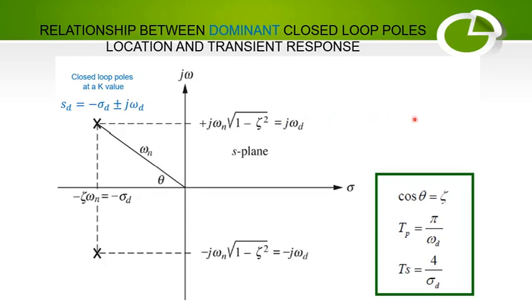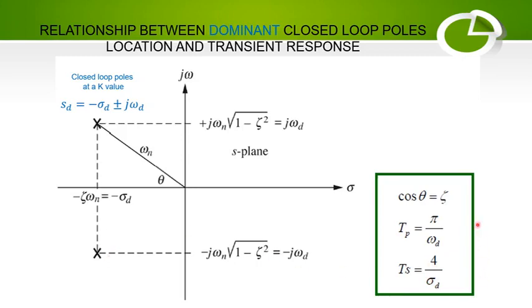In chapter 1, we derived that the peak time of the transient response is equal to pi over omega d, which is the imaginary part of the dominant poles, while the settling time is equal to 4 divided by sigma d, which is the real part of the dominant poles.